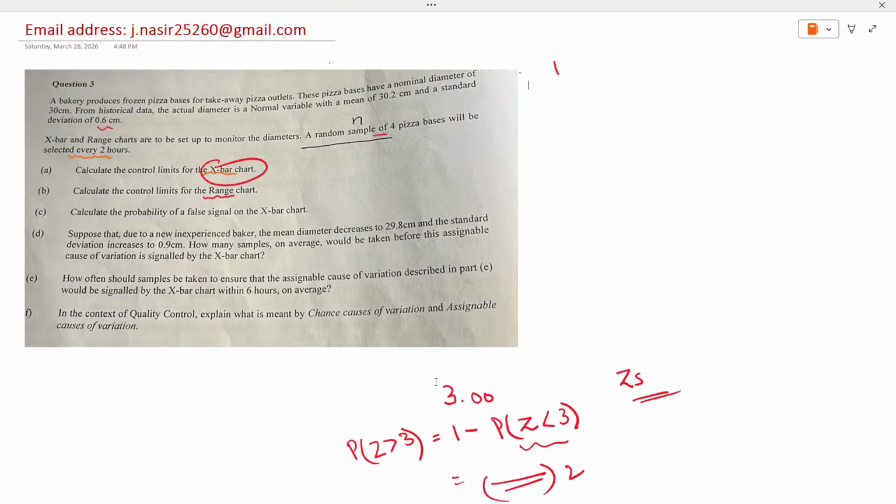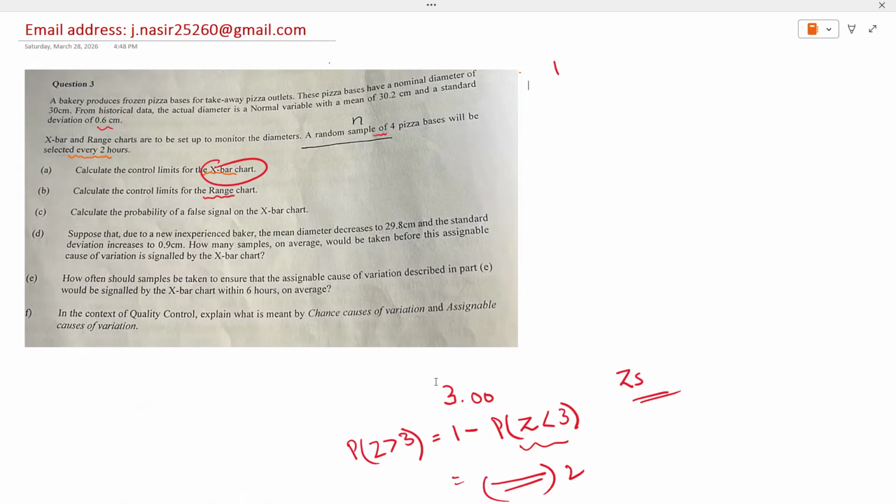In the context of quality control, what is meant by chance causes of variation and assignable causes of variation? So we're talking about two types of causes of changes. Causes of variation and causes of changes are the same thing. When we started this chapter of statistical process control, we discussed two types of changes. One type of change is purely random, something that we cannot understand.